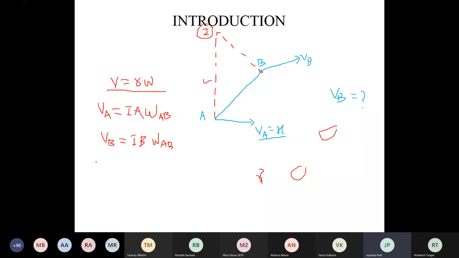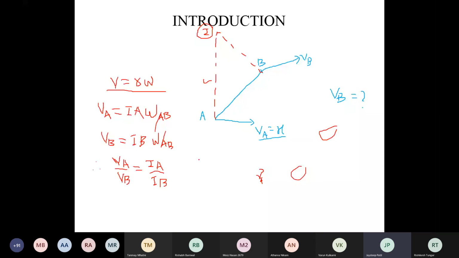Suppose I want to find velocity B. Velocity A upon velocity B is equal to IA into omega AB upon IB into omega AB. Omega AB cancels out. So you will get velocity A upon velocity B is equal to distance IA upon IB.